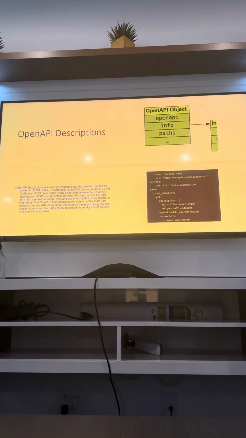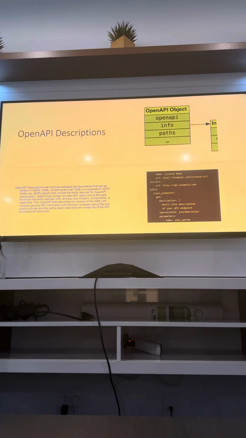OpenAPI descriptions are a big part of OpenAPI, and they're the root of what makes it useful. They're machine-readable text documents that can be written in JSON, YAML, or both, given that YAML is a superset of JSON. So OADs are JSON objects that include the fields required for the OpenAPI Specification, and those fields, at the bare minimum, are openapi, info, and any endpoint fields, which is typically paths, components, or webhooks.